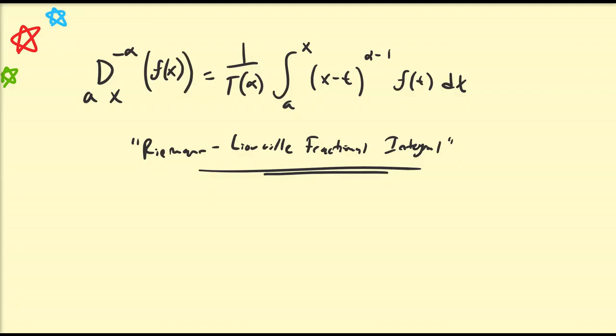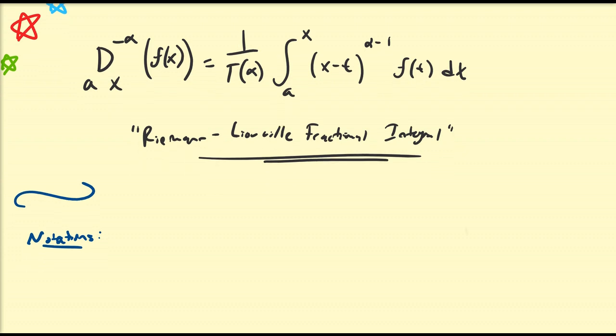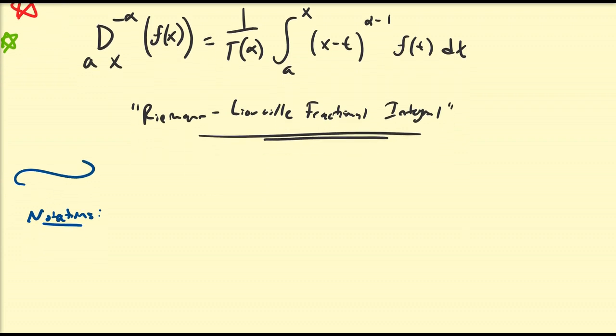Alright, so before we move on to a couple of these properties, let's mention a couple of alternative notations for this representation. Since we're usually talking about integrals when we're working with orders of minus alpha, sometimes it's useful to write this as another operator, say I, with endpoints a, x, of order alpha.